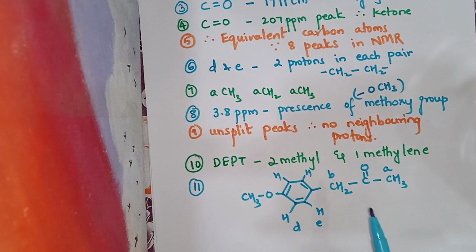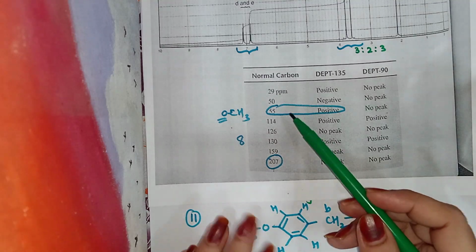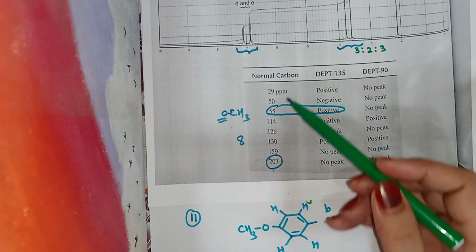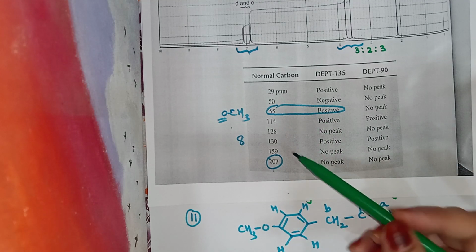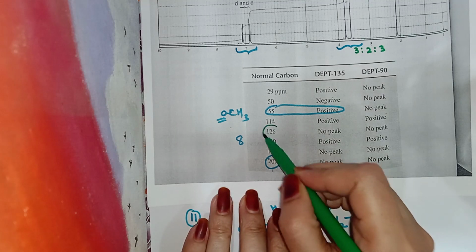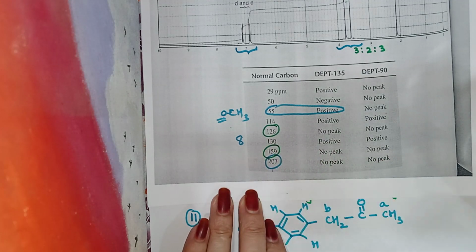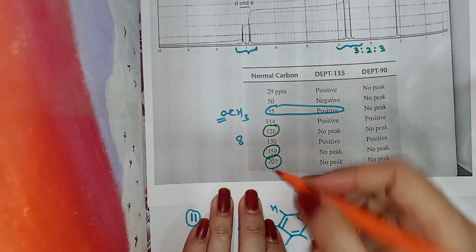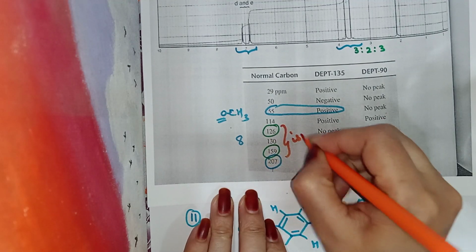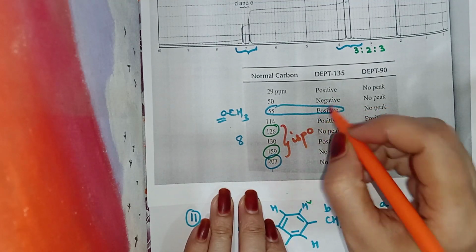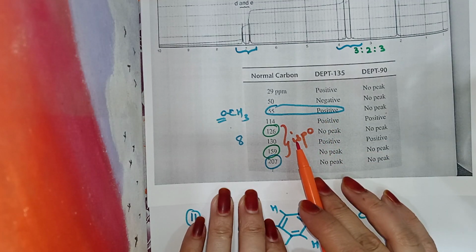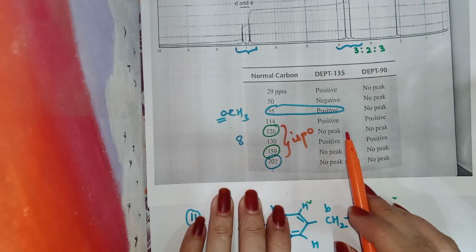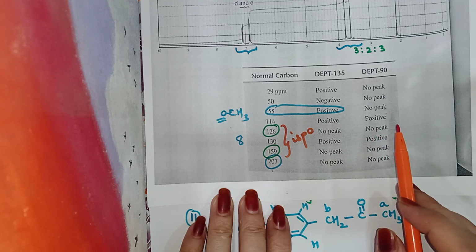We will confirm it using DEPT 135 and DEPT 90. The presence of 4 peaks in the aromatic region of the carbon NMR: 2 of the peaks we can see at 126 and 159 are ipso carbons, that is, no attached protons, that do not show in the DEPT 135 or DEPT 90 spectra.